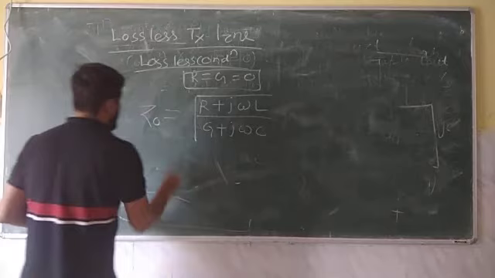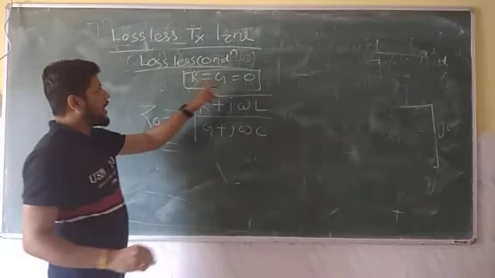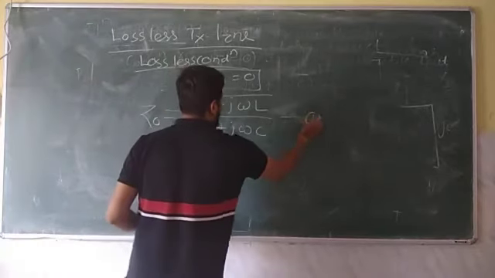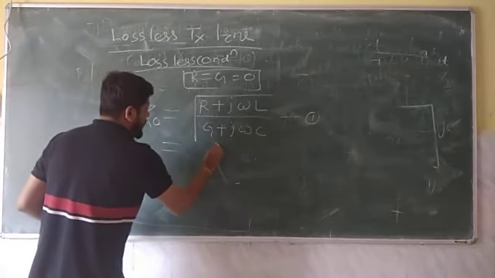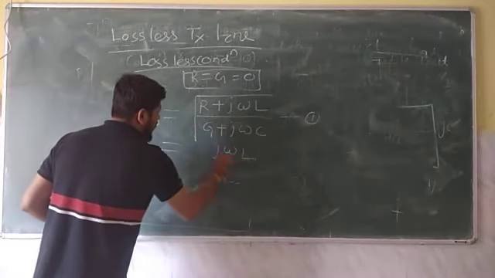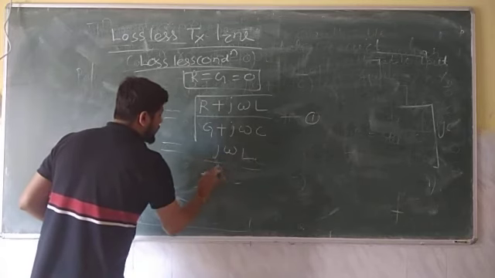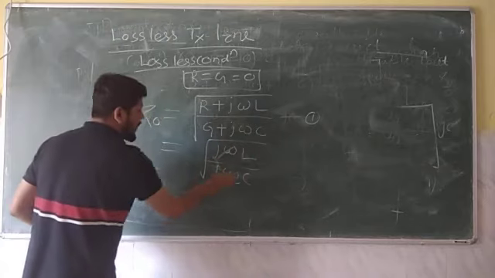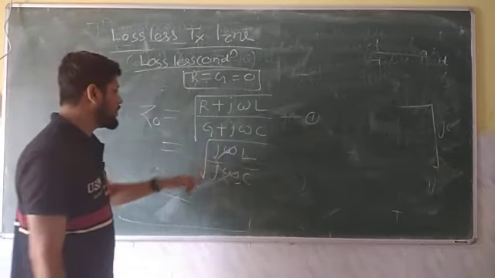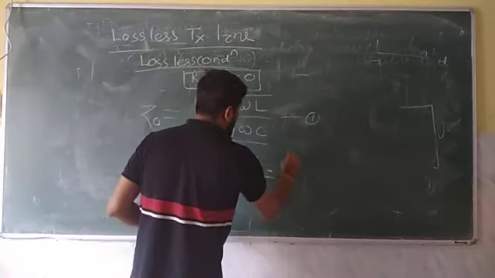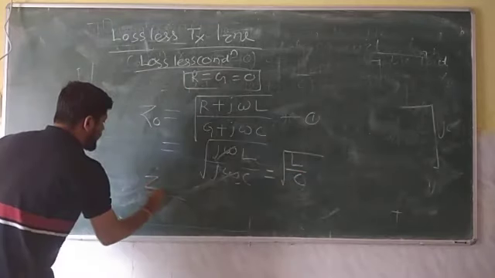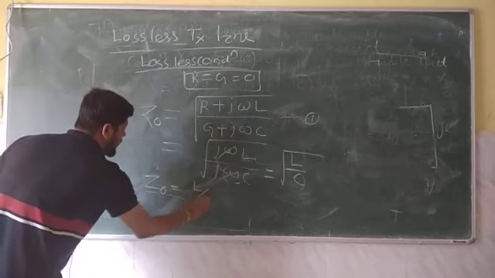By putting the value of R and G equal to 0 in this equation 1, directly I am writing root over (j omega L divided by j omega C). So j omega cancels out. What is remaining there? Z0 is equal to root over L by C.